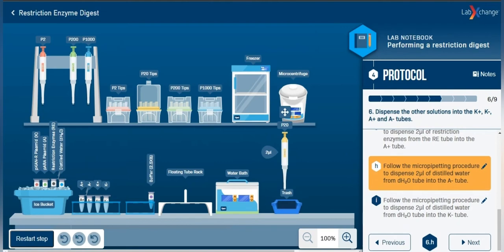Next, follow the micropipetting procedure to dispense 2 microliter of distilled water from the H2O tube into the A minus tube.